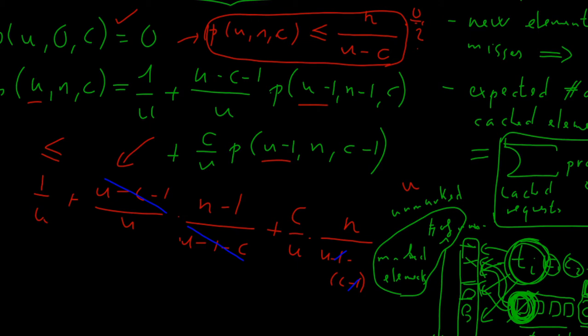So here we have 1 over U, that's great, plus (N minus 1) over U, plus something which is completely different, so it's C times N divided by U times (U minus C).